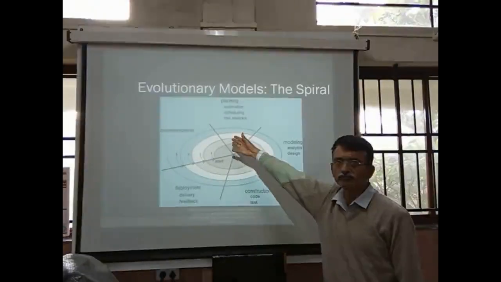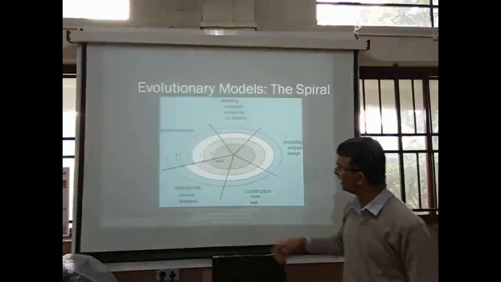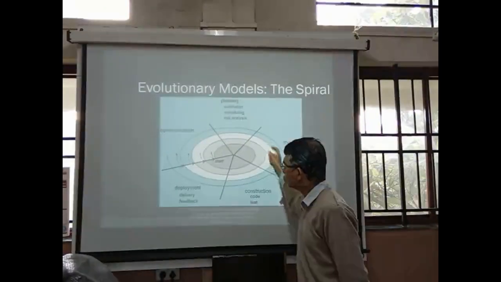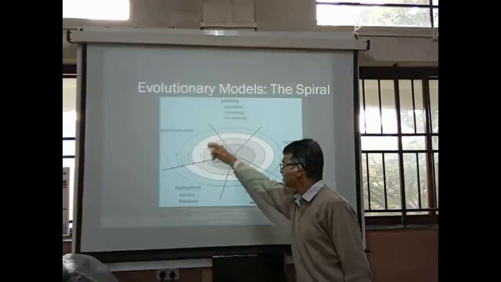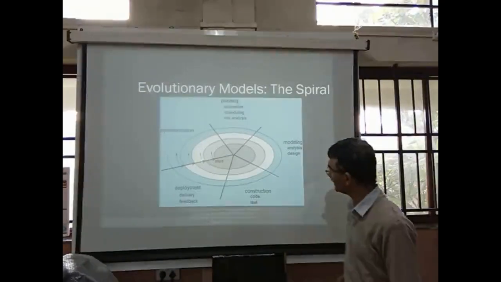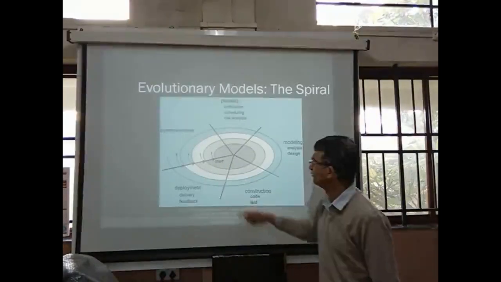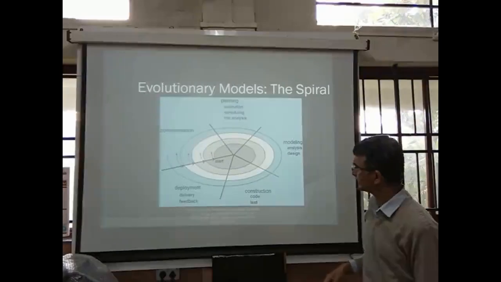This is the diagram showing the spiral model. Okay. So what do you find here? You find there is a cyclic path and there are segments. How many segments are there? 1, 2, 3, 4, 5 and a number of concentric circles.